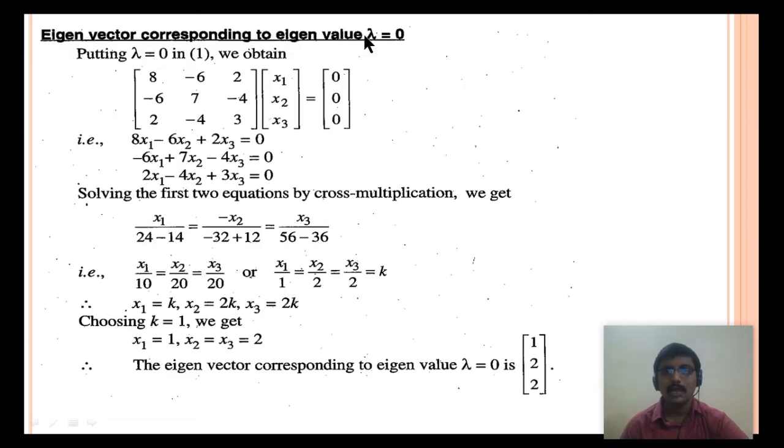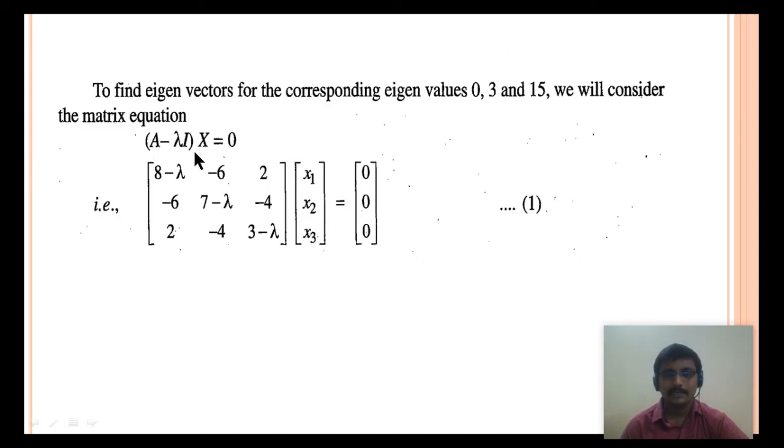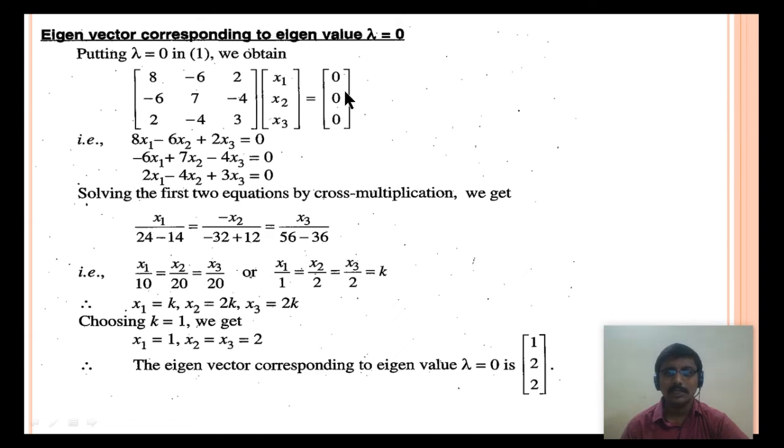Eigenvector corresponding to eigenvalue lambda equal to 0. Putting lambda equal to 0 in equation 1, the system is equated to the null matrix or zero matrix. So we will have three equations. Now solving any two of the equations using the cross multiplication method, and these proportions are equated to a constant k.